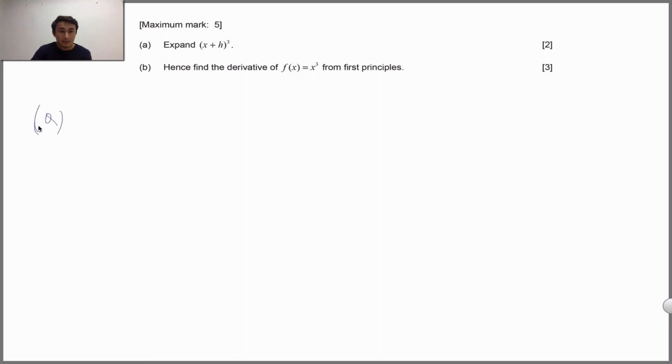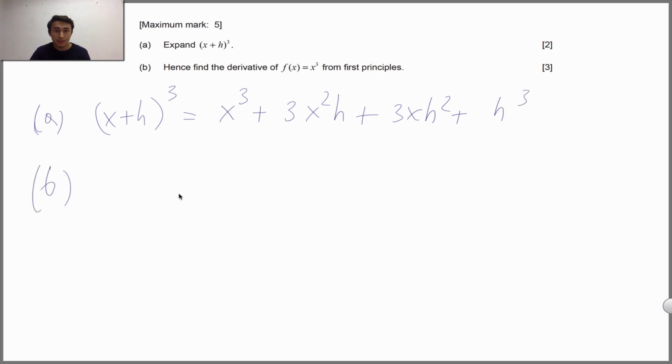Expand (x plus h) cubed. Okay, let's do it. You have probably seen the formula, according to which it will be x cubed plus 3x squared h plus 3xh squared plus h cubed. B. Hence find the derivative of f(x) from first principles.